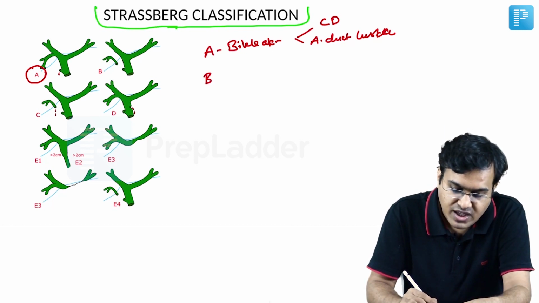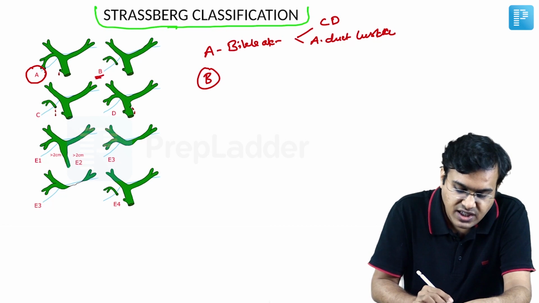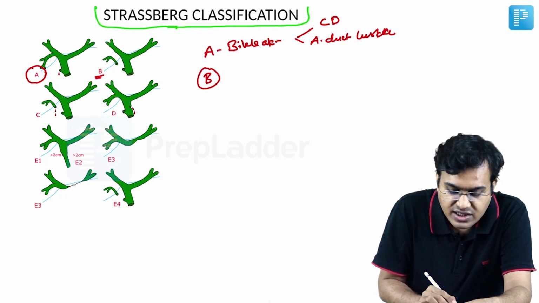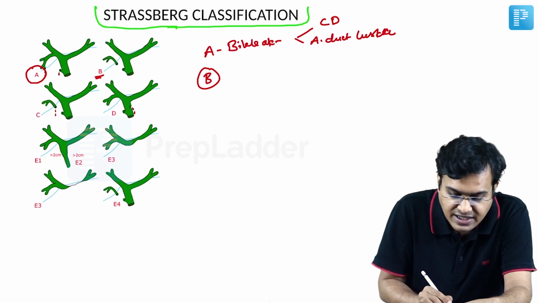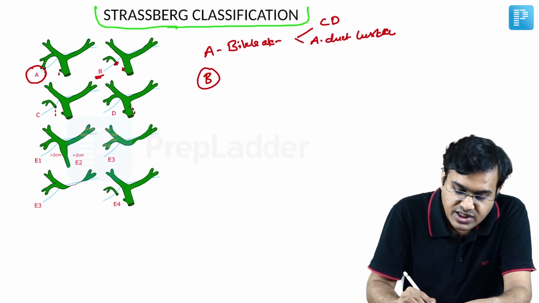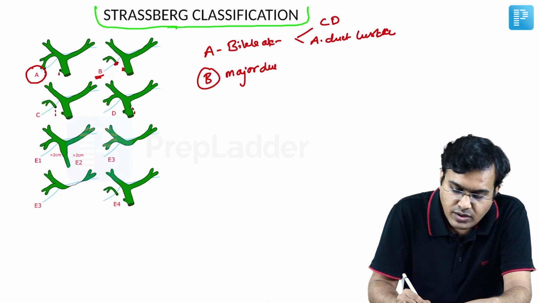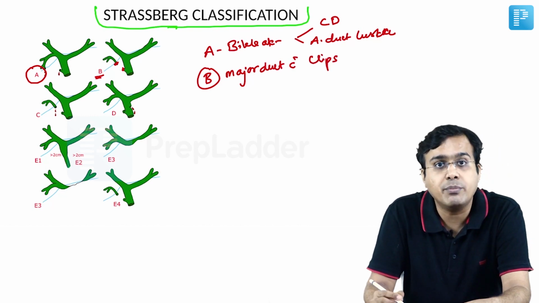Then type B. Type B, if you look at the picture here, this is injury to a major duct. This is actually a major duct, that is a right posterior sectoral duct, and the clips have been applied to it considering it to be a cystic duct. So it is injury to a major duct with clips. So this patient will not present with bile leak.